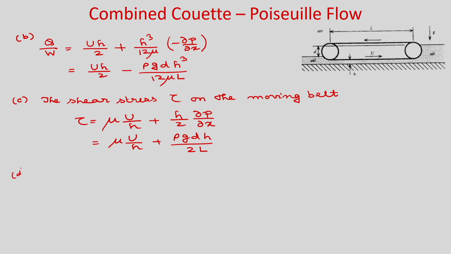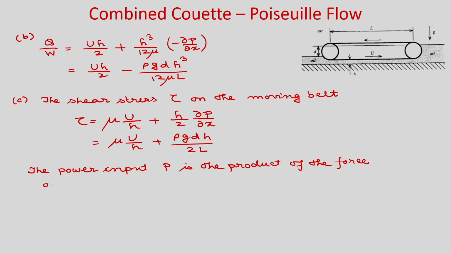Next, we need to calculate the power input. So, the power input P is the product of the force on the belt and the velocity. What is the force?